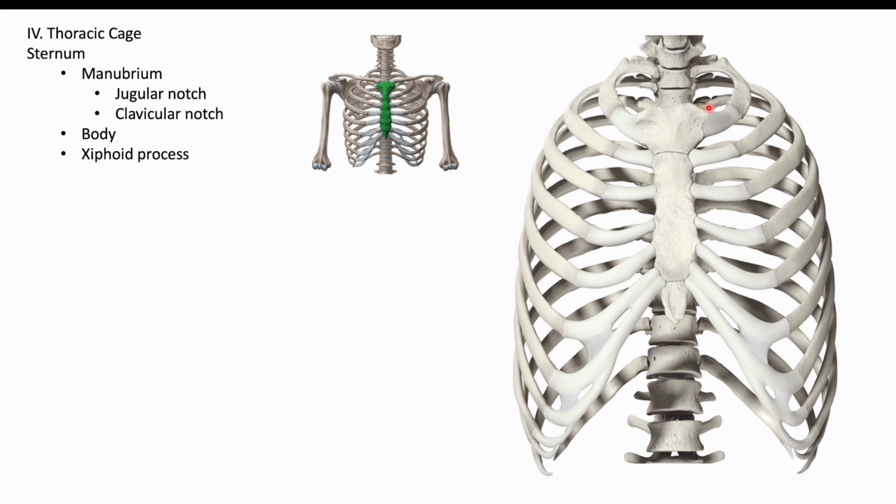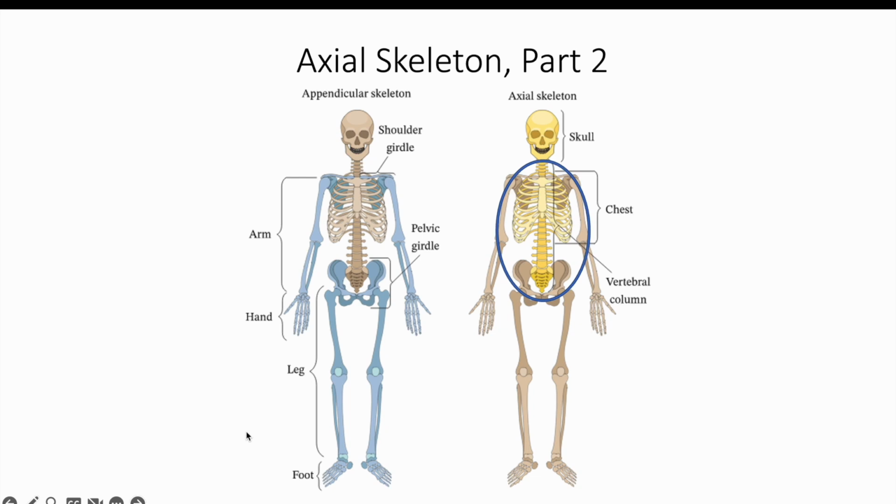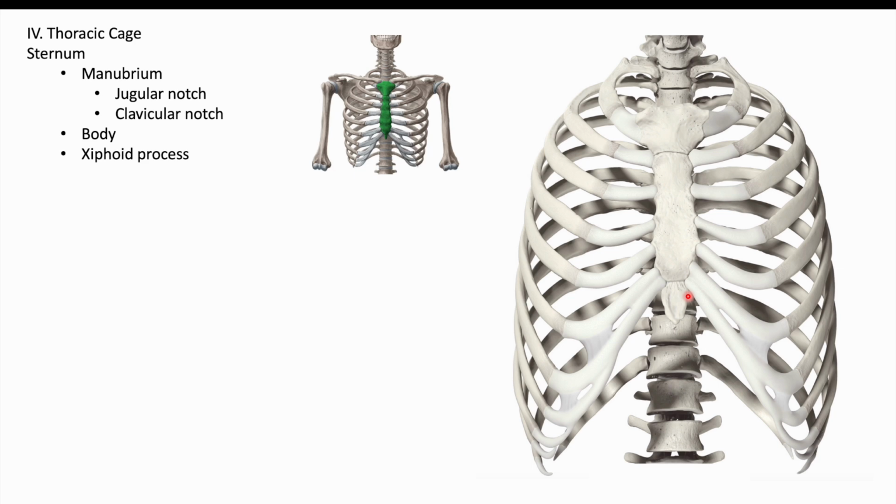And like the name suggests, this is where your clavicle, your collarbone, is going to attach. So you can see it articulating with the clavicle bone on this diagram. On this diagram, the clavicle bone, your collarbone, is absent, but it's going to articulate right here to the sternum via the clavicular notch. And again, you have the manubrium, the body, and the xiphoid process.